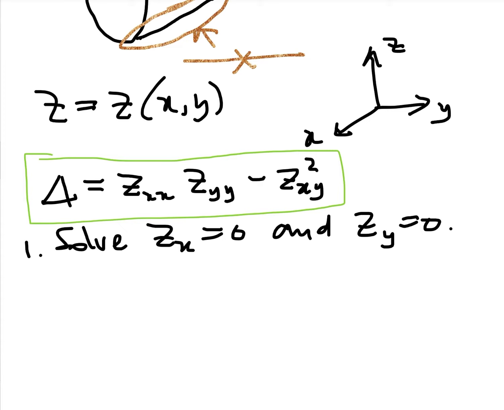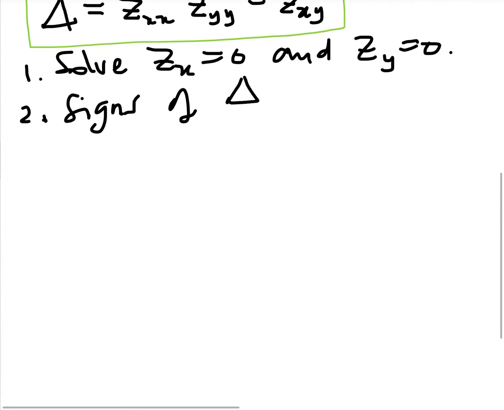At the points where this occurs, we look at the signs of the discriminant. And I'll summarize the various scenarios that may occur.